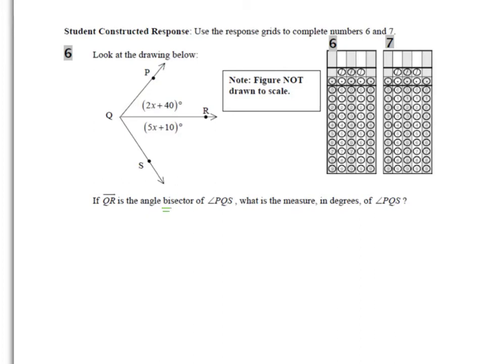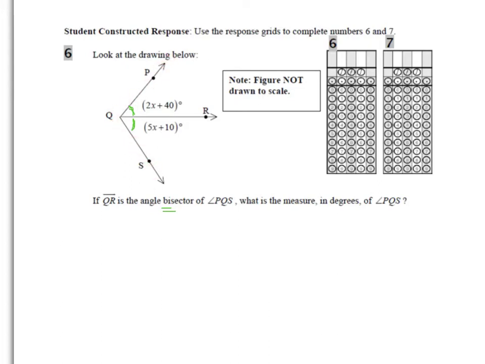That keyword bi means 2, so it's splitting angle PQS into 2 equal angles. So we know angle PQR is the same as angle RQS. These angles are equal. So they want to know what is the measure of PQS. They want to know what's the measure of this entire angle.